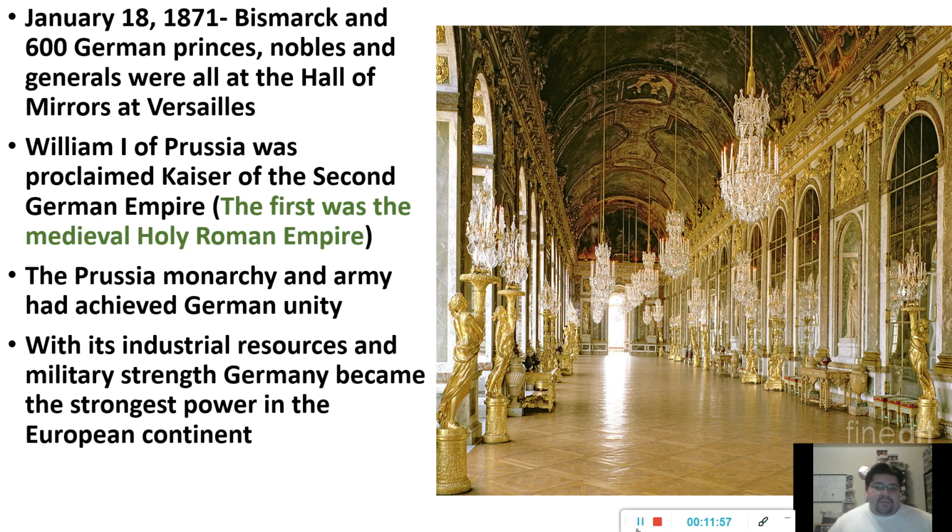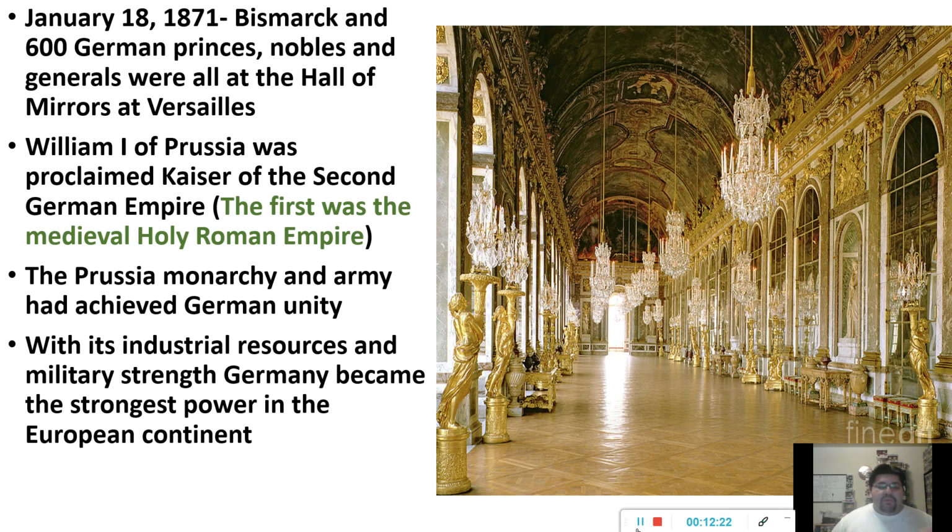Why are they there? Well, because William the First of Prussia was pronounced Kaiser of the Second German Empire. Now some of you might be thinking, well, what's the first? The first was the medieval Holy Roman Empire. That was the first German Empire.